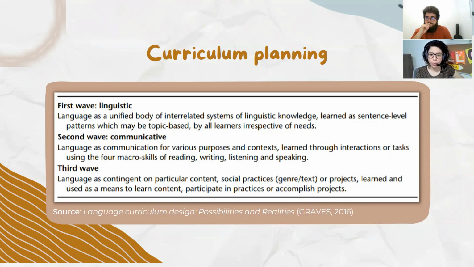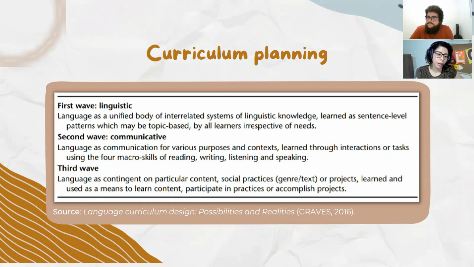In the second wave, the communicative wave, the abilities of writing, speaking, reading, and listening are important, and they are used in different contexts for different purposes. But we don't have the social practices yet.